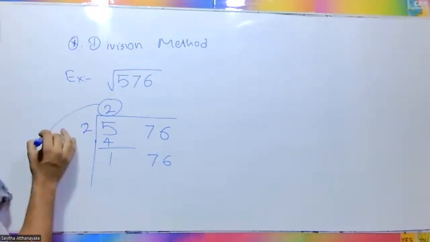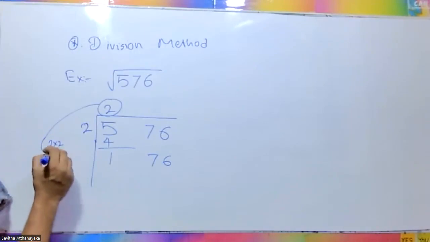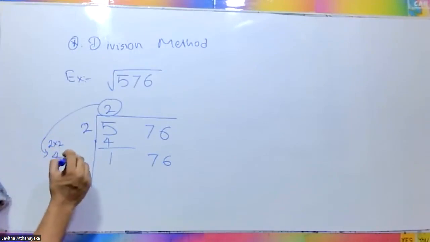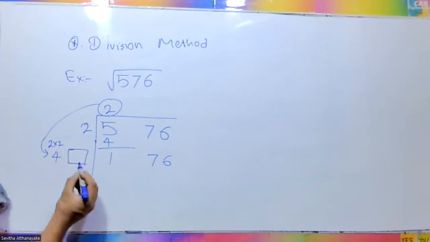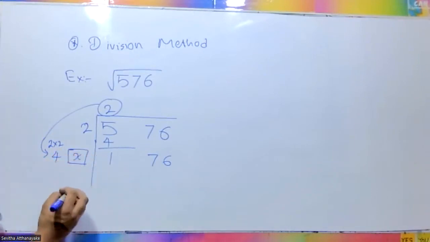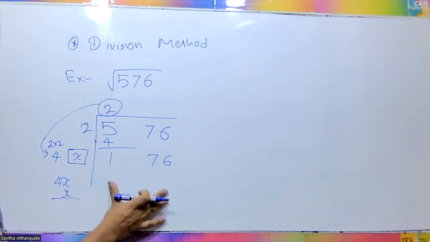I write this like this. Here we should get a number when we multiply this number. Let's suppose x. If we multiply this x, 4x by x, we should get a number equal or less than this number.